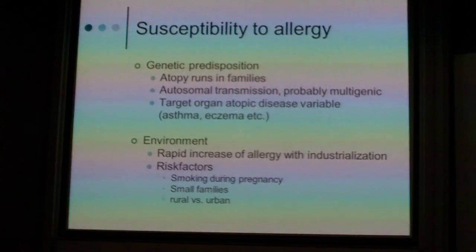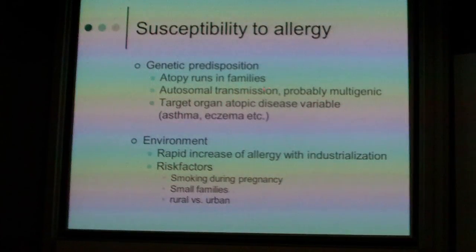Well, it is mediated by autosomal transmission and probably is multigenic. So we see that it's not so that you can define a certain allergic gene and you can type a family and say if you have the gene you are allergic. It's multifactorial, so you also need a multigenic background for developing allergy.